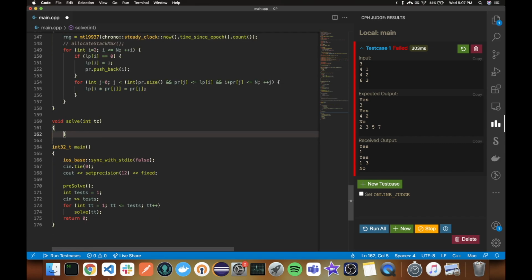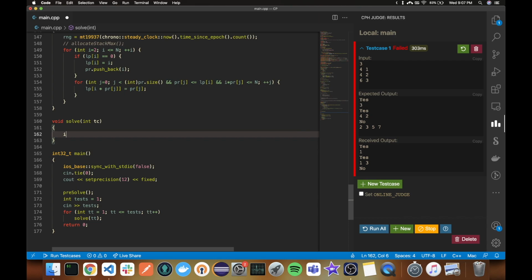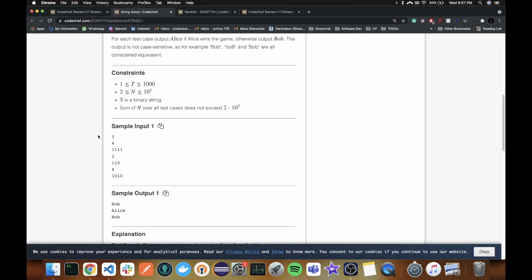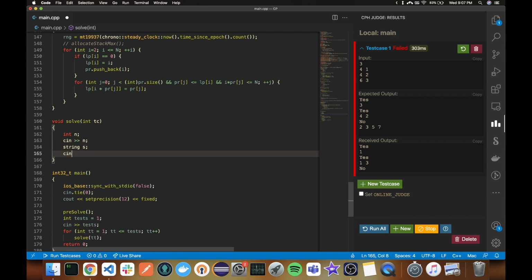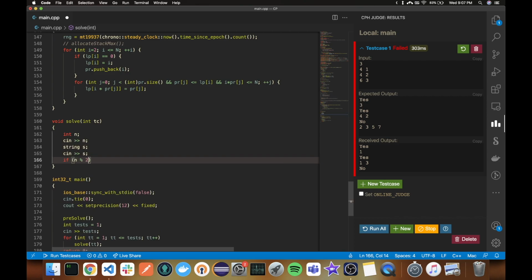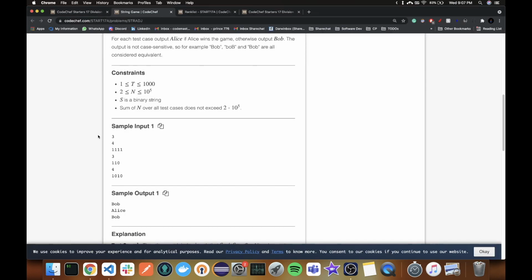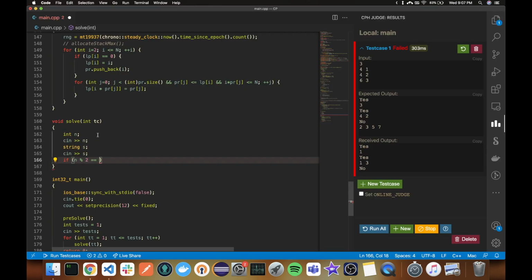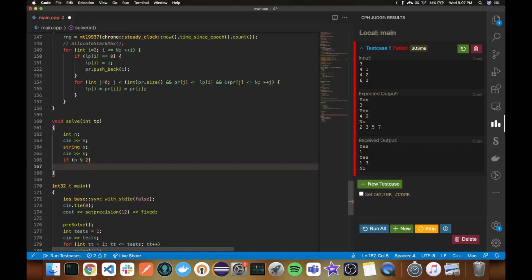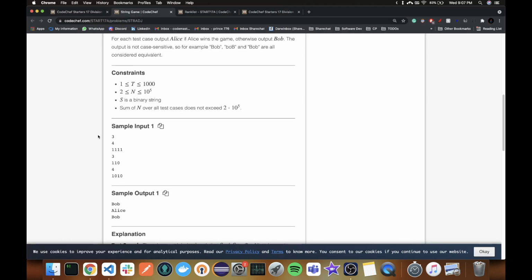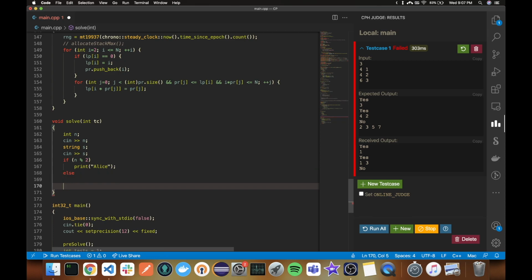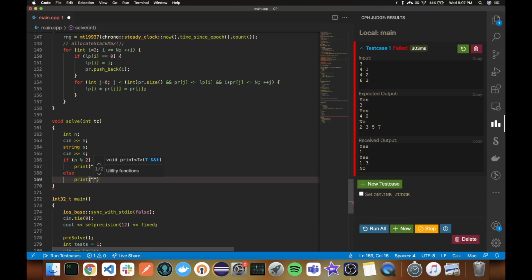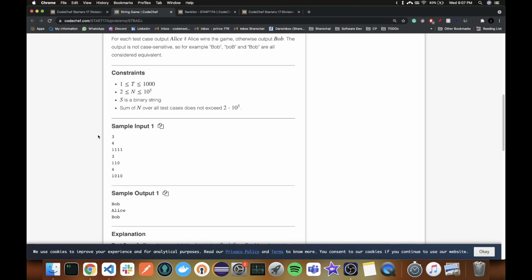So based on parity, else I gotta check this.